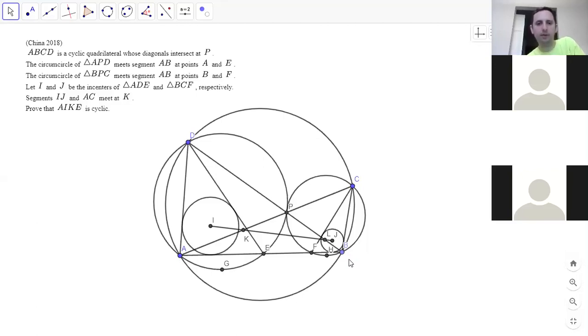Can we show that angle PKL is equal to angle PLK?